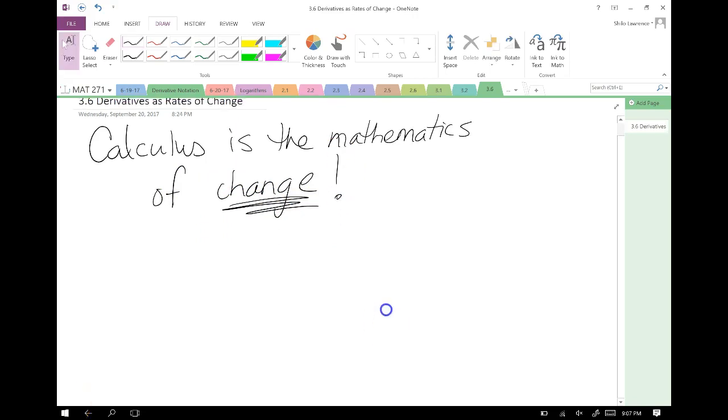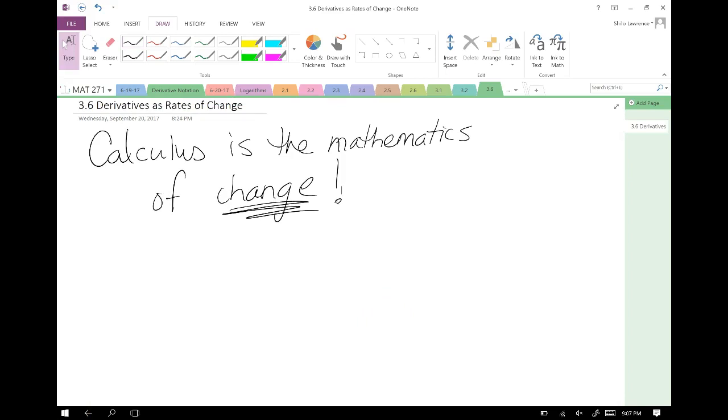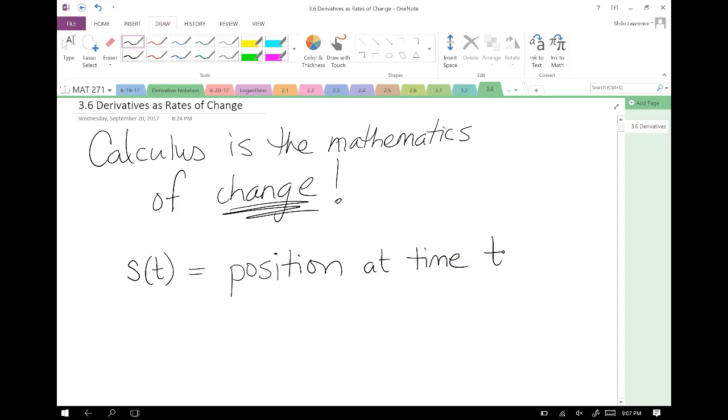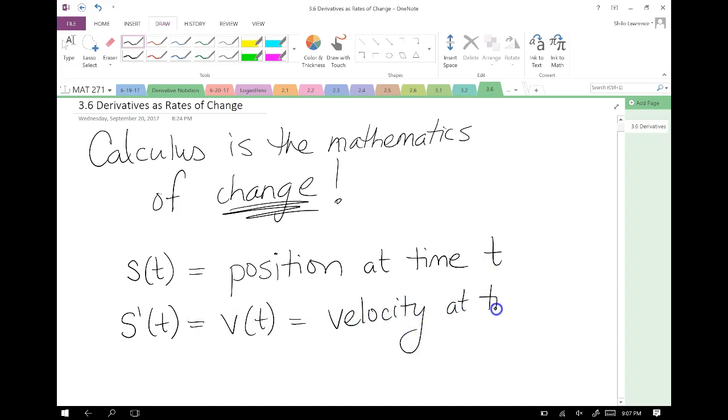With the velocity and acceleration applications, it's very common for us to use t as the variable to represent time. So if we call s of t a position function, so this is describing our position at time t, then the derivative of position, which we also could call v of t, is velocity at time t.